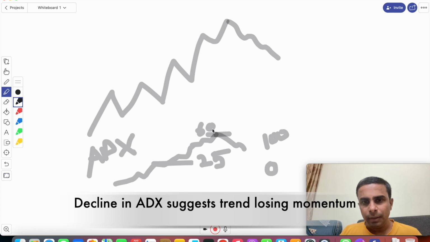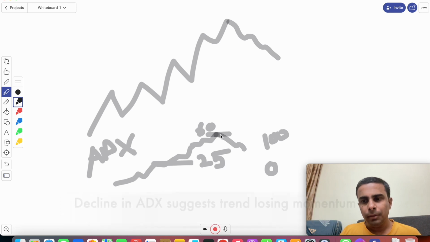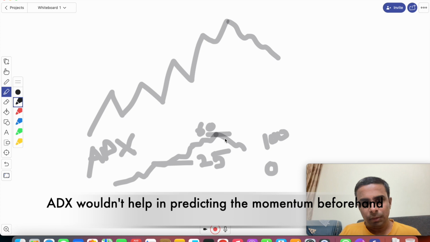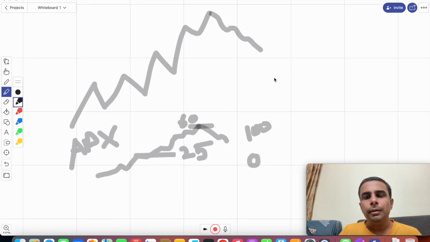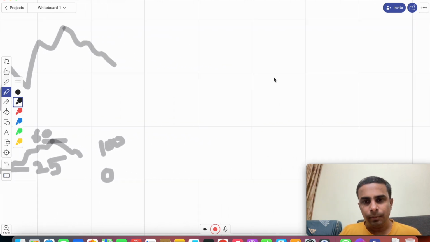The reason for this is ADX is suggesting that the trend has come to a halt. ADX is a lagging indicator. It doesn't tell us before the start of the trend, but it generally tells us how strong the trend is based on the values.